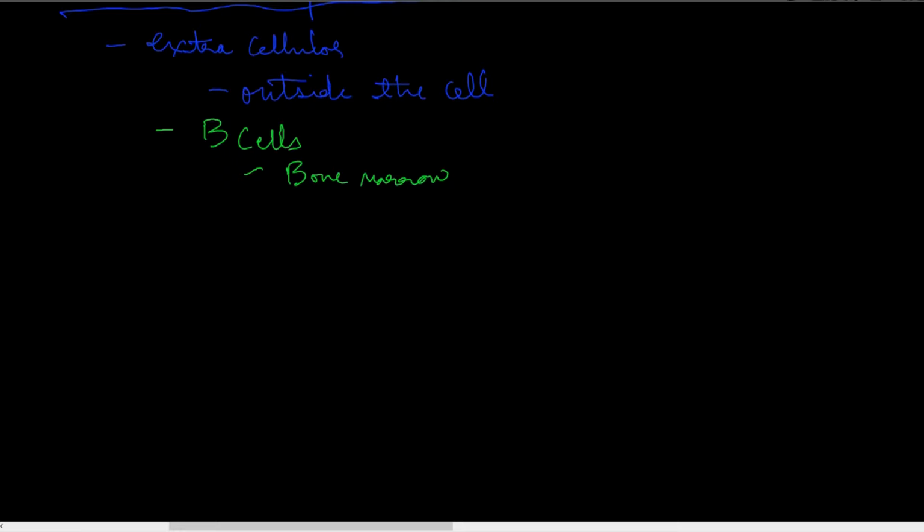On a B cell, you'll actually have these things called antigen receptors. They're going to be little things poking out, like a socket for something to come in and fit in.